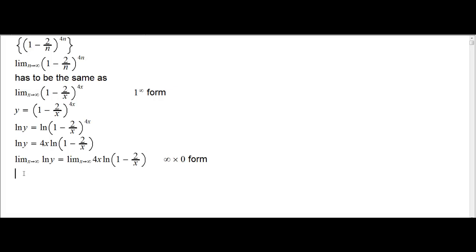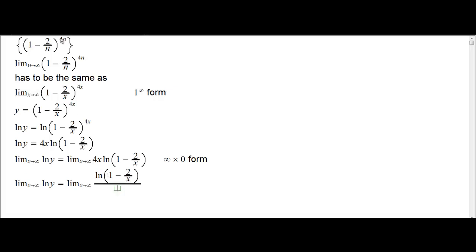Why do we put it as a denominator? Because the thing is, it's infinity times 0 form, and we can use L'Hopital when we have either 0 over 0 form or infinity over infinity form, right?